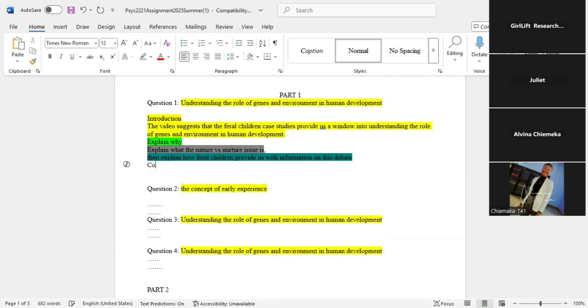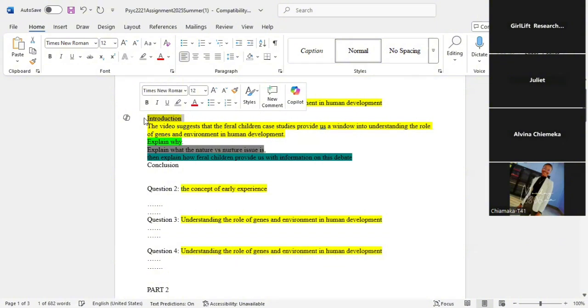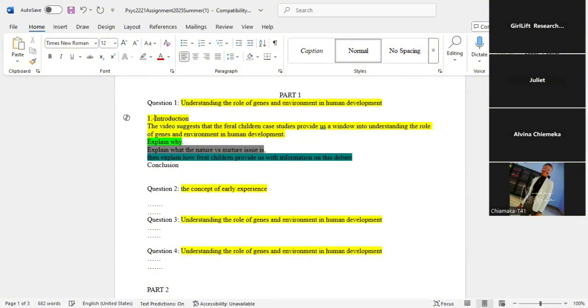Whenever you're writing any paragraph, any question, always have an introduction and a conclusion. If it was a report, you'd be seeing things like 1.0, 1.1, 2.0, but this is an essay, so we don't need that. We don't even need to write the introduction and conclusion. It's just in your mind, but this is just to guide you. It's like a skeleton.